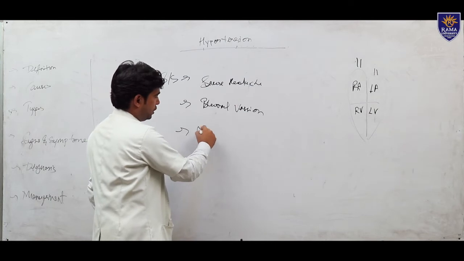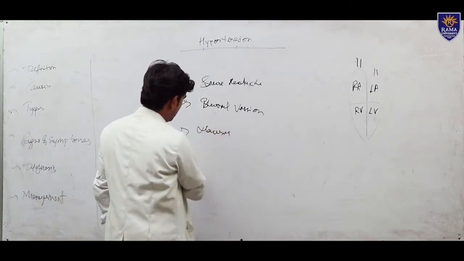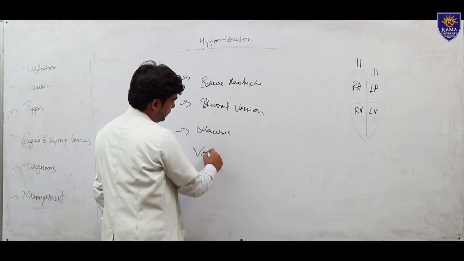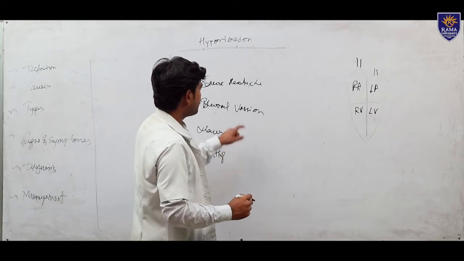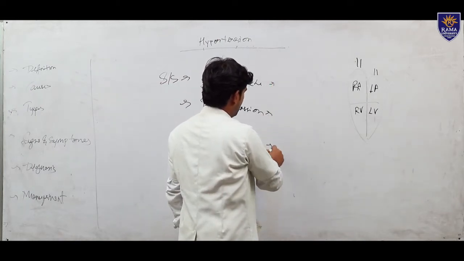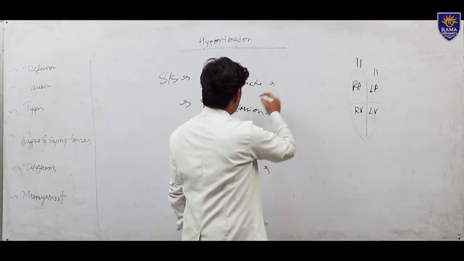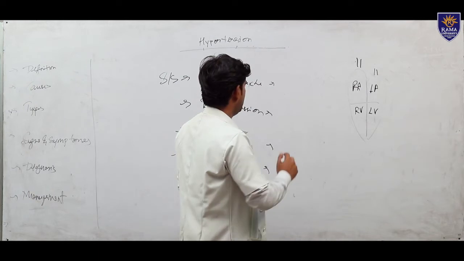Third is nausea. Fourth is vomiting. Next is severe headache, blurred vision, nausea, vomiting.